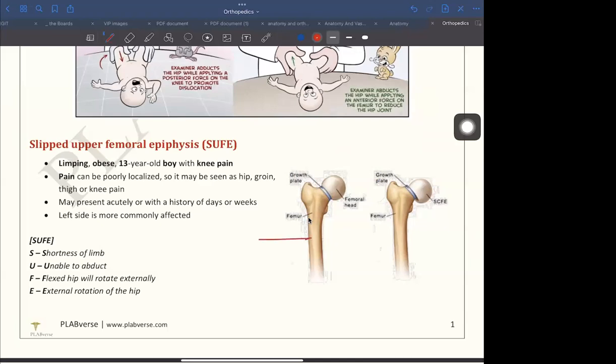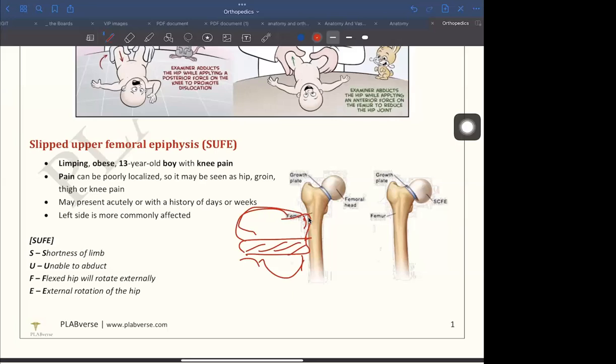So again, there's something called the physis, which is your growth plate, and above it is the epiphysis, and below it is the diaphysis. So the problem with slipped upper femoral epiphysis is that your epiphysis, this part, is slightly slipped from your physis.